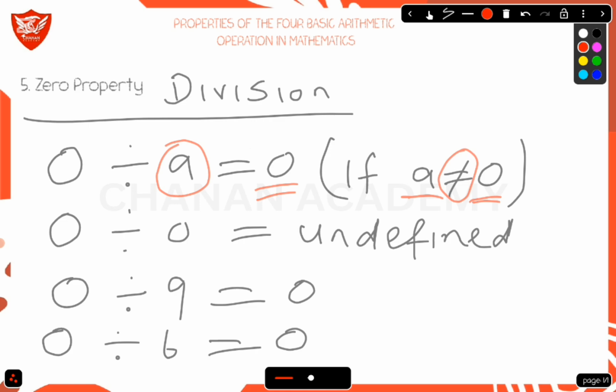It means not equal. That's what the symbol means. Alright, that's for this property, the zero property of division. So let's move on to the next one.